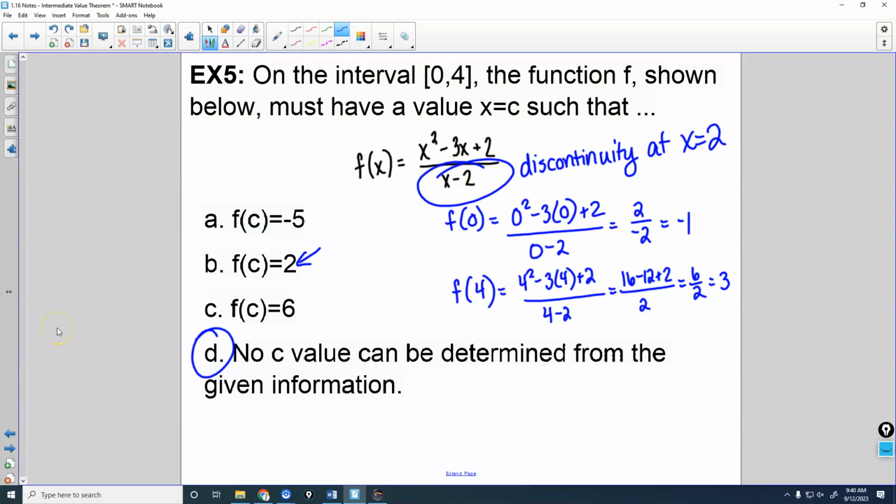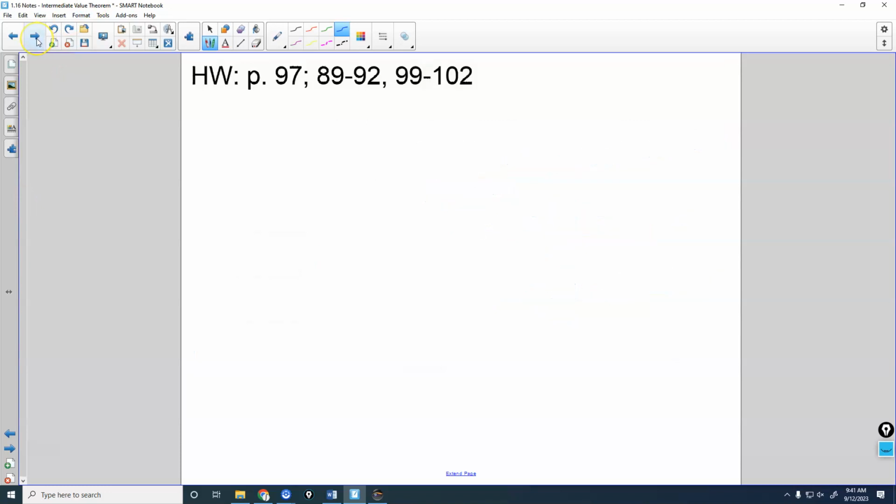All right. So your assignment comes from the book tonight. Let me look at it real quick. The directions may be a little bit weird on that. Let's see.